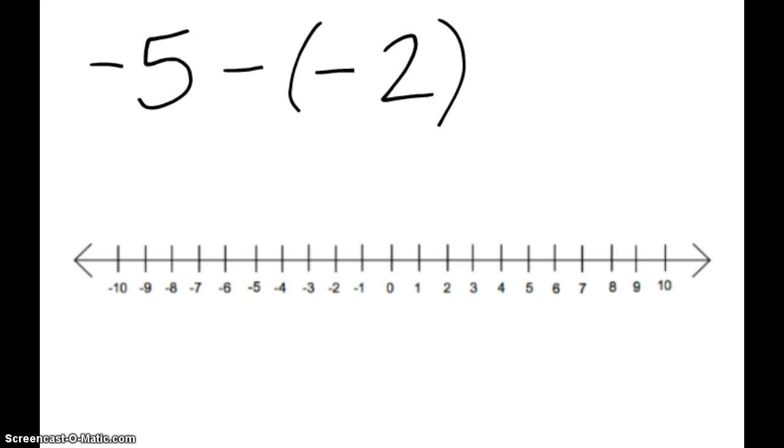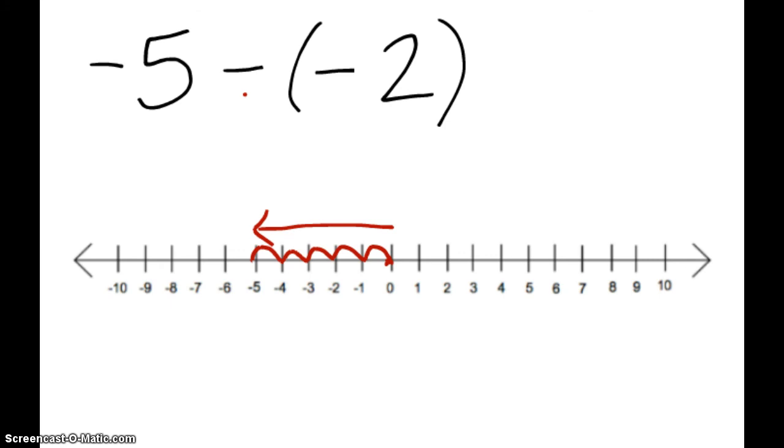Negative 5 minus negative 2. All right, let's start at 0. Negative 5, so I'm going to move over 1, 2, 3, 4, 5 spaces. I don't want to just subtract 2. I want to subtract a negative 2. So here I am at negative 5. I don't want to continue to move to the left, because I'm subtracting a negative 2.